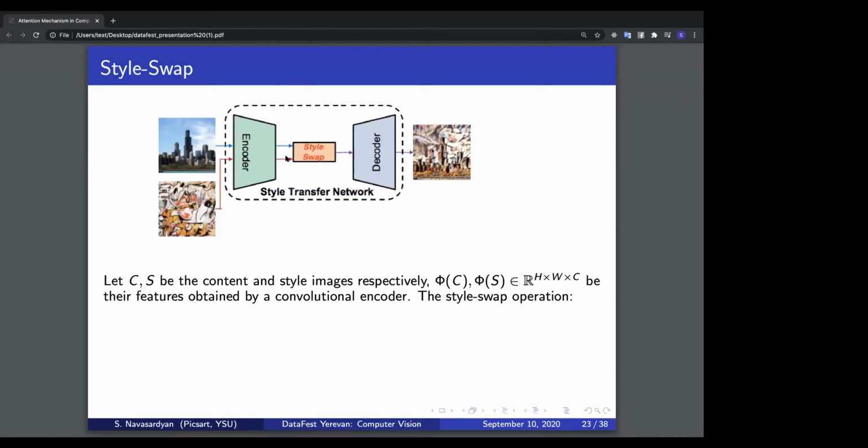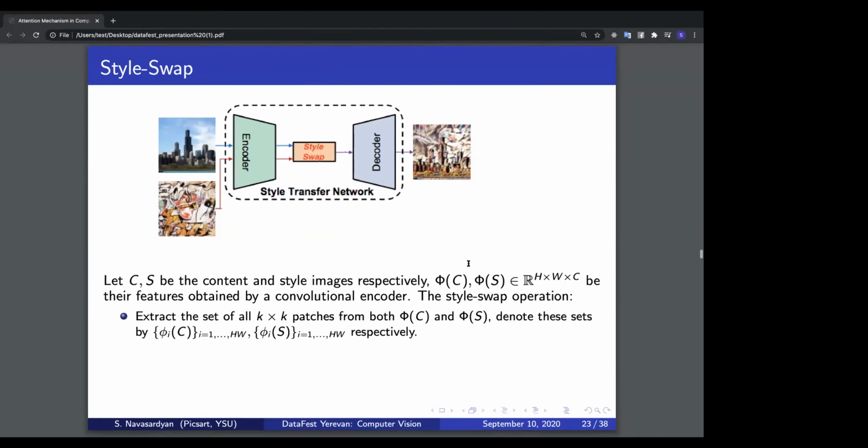So the main idea is in the style swap operation. In a sense, it takes all k patches from both phi C and phi S, and let's denote these patches by phi C and phi S.